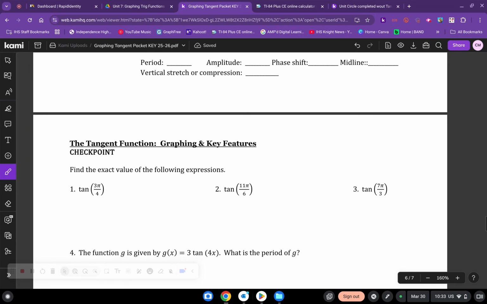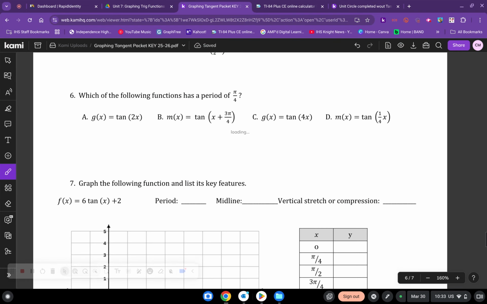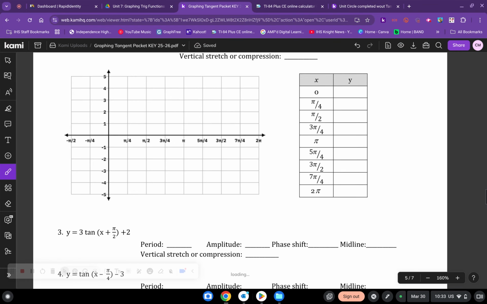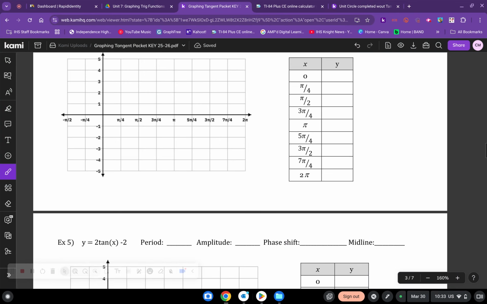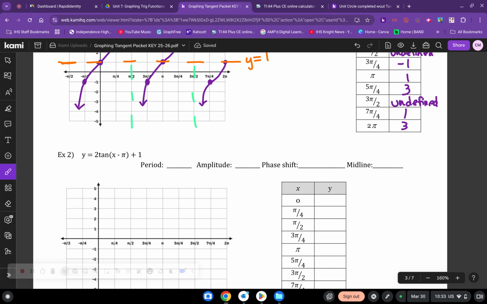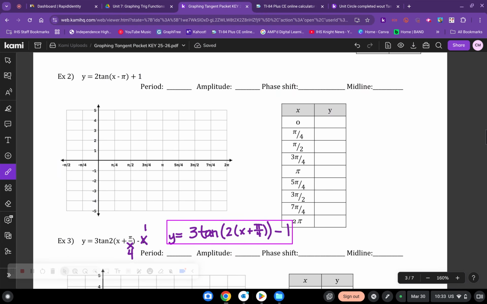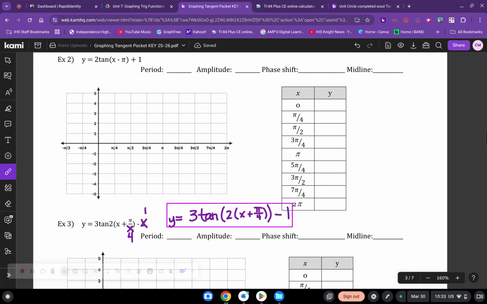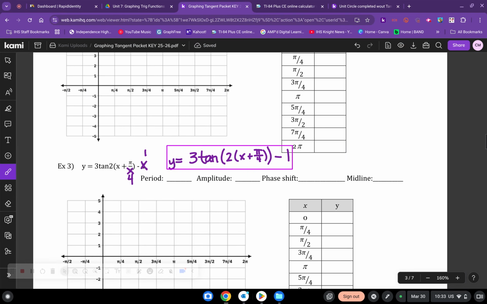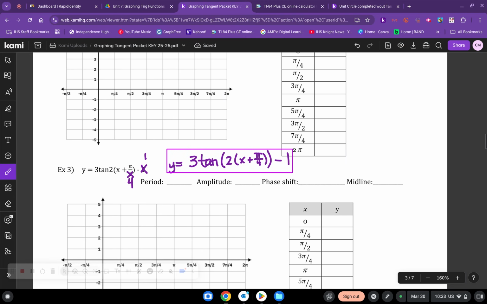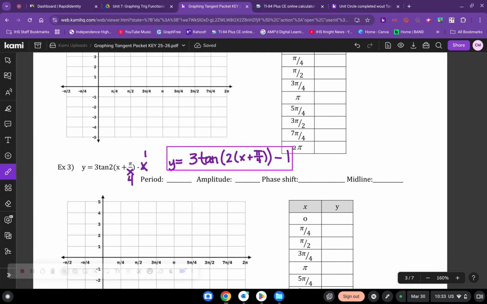There's some more practice for us. There's even a checkpoint available. And the answer key for all of this will be located on Canvas as well. And I would just skip over example 3.